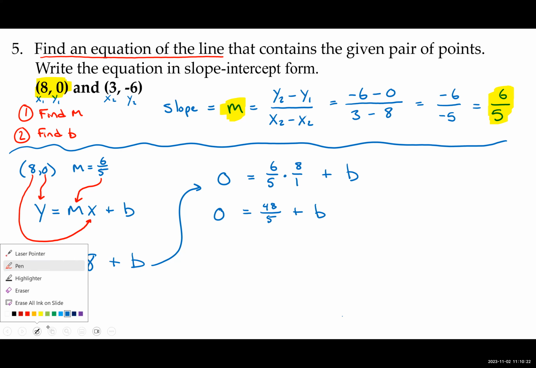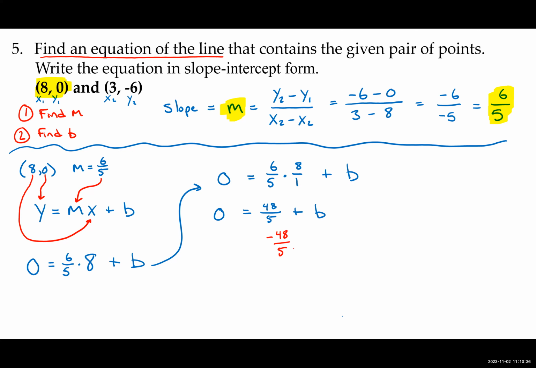Now you got to get b by itself. So easy enough. We have a positive number, so we could subtract it. It doesn't matter that it's the fraction. You know, this ugly fraction 48 over 5. We're not actually doing anything with that fraction. We're just subtracting it from both sides. And because we have a 0, makes it easy.